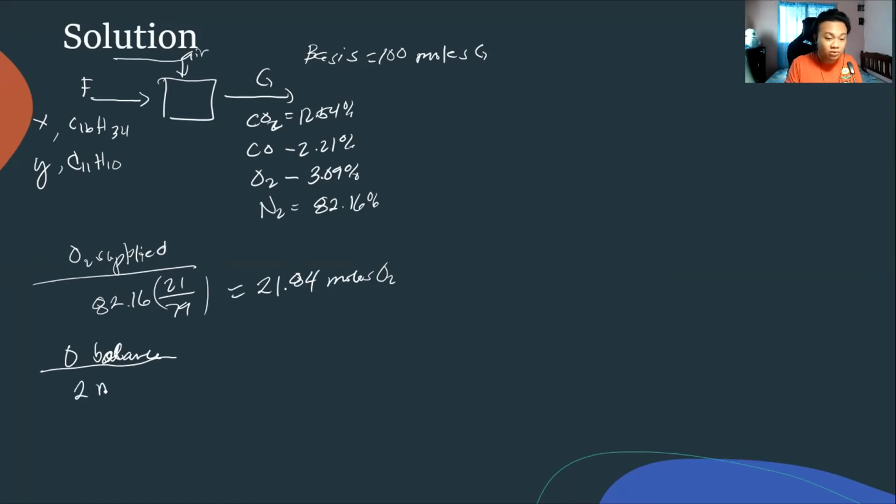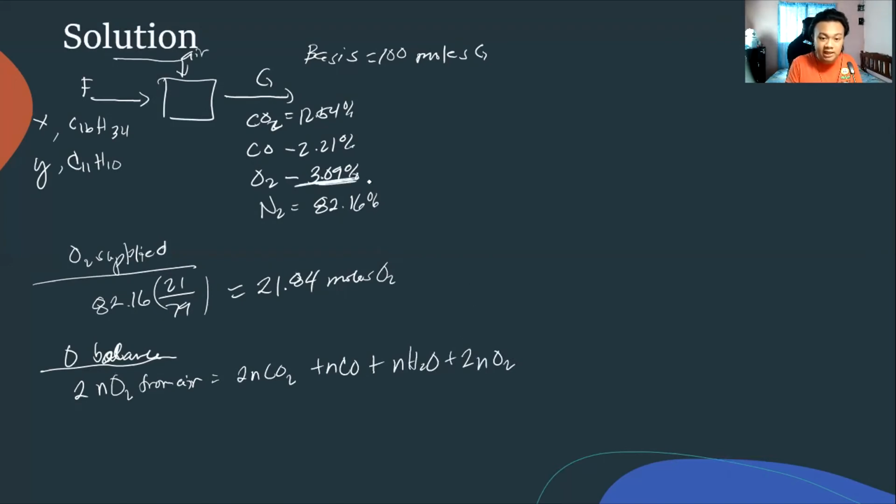So we have 2 moles of O in O2 supplied from air. We have 2 moles of O in CO2. Then we have 1 mole of O in CO and also in water. Don't forget the water, and then we have 2 times the free O2.